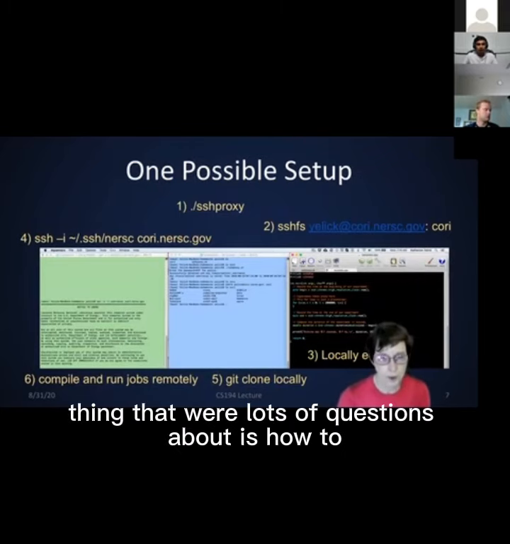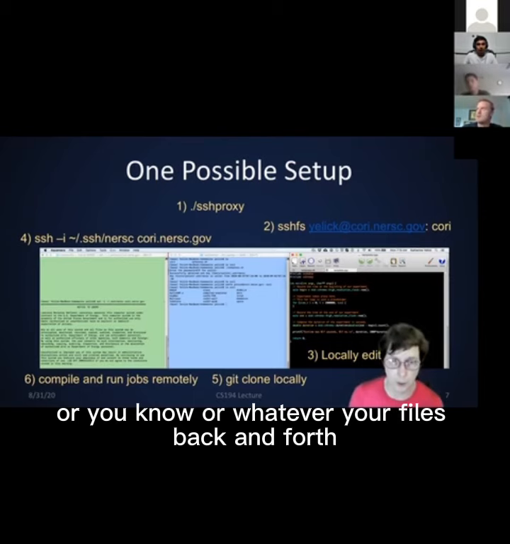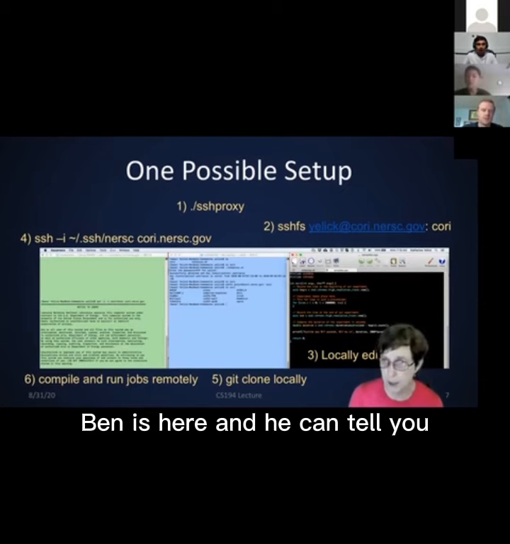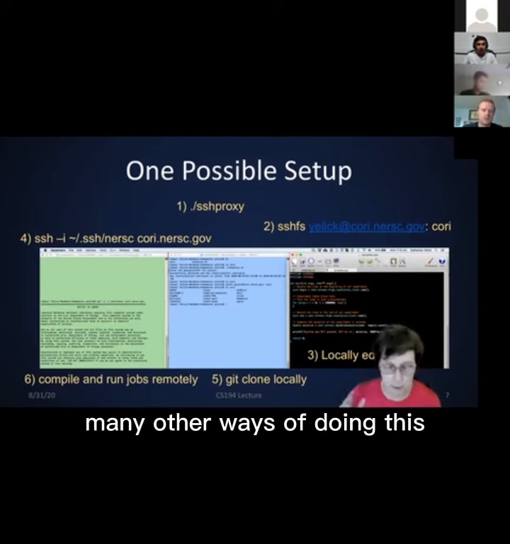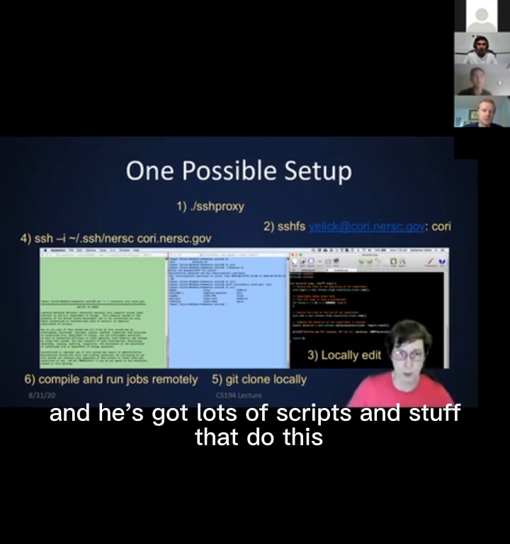So the other thing that there were lots of questions about is how to set things up so that you're not SCPing your files back and forth, and also how to run GitHub and things like that. Ben is here and he can tell you many other ways of doing this and much more sophisticated ways, and he's got lots of scripts that do this.